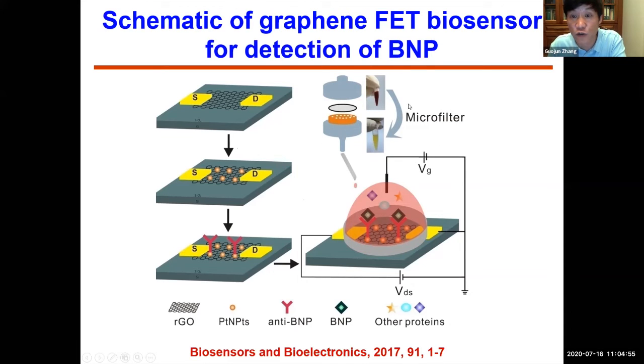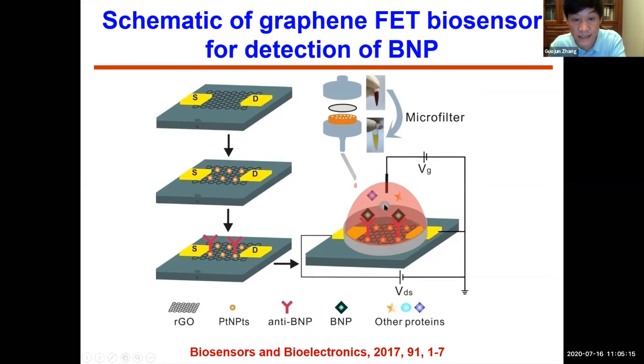And this is a microfilter system. This means the serum can be filtered by this microfilter system. By combining the biosensor and the filter system, the micro system is developed.